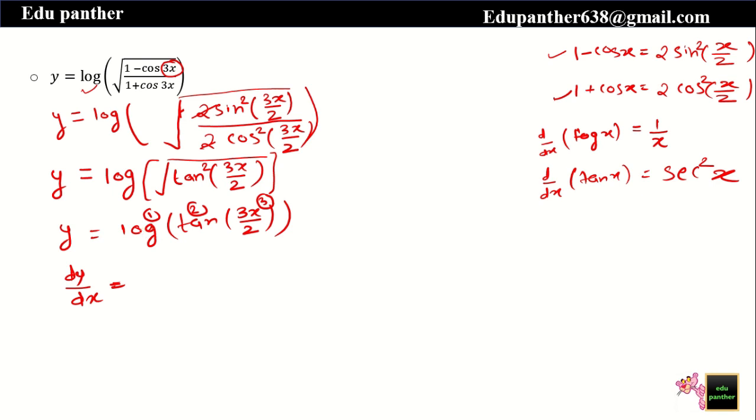So first derivative of log function. Derivative of log x is 1 upon x, but in place of this x we have to use this bracket. So it will be 1 over this whole bracket, log tan of 3x by 2. So now derivative of log is done, so this first term is done.